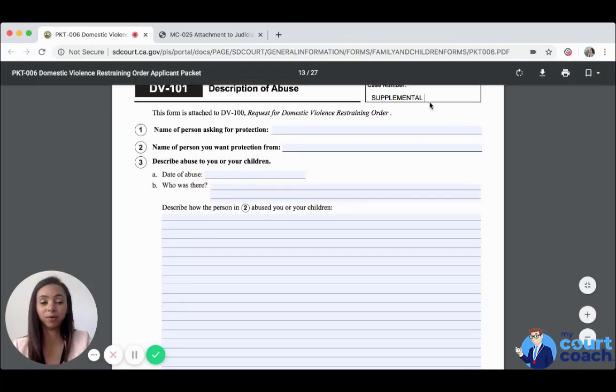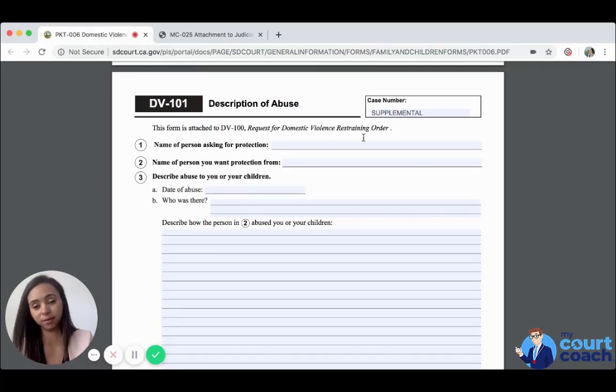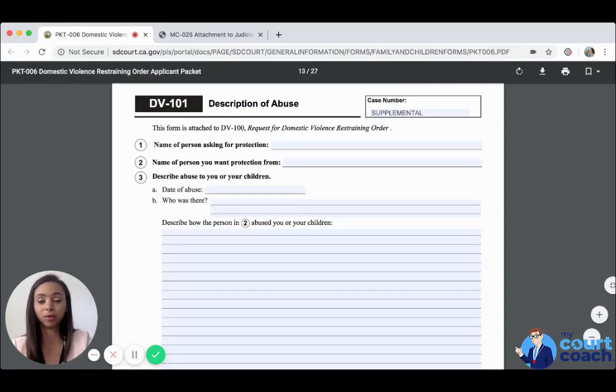So that's the difference between amended description of abuse versus supplemental. But it's better to use supplemental versus amended, because amended says that you essentially changed some information, and supplemental means that you are adding to that information. So that's going to be very helpful for you at your restraining order hearing.